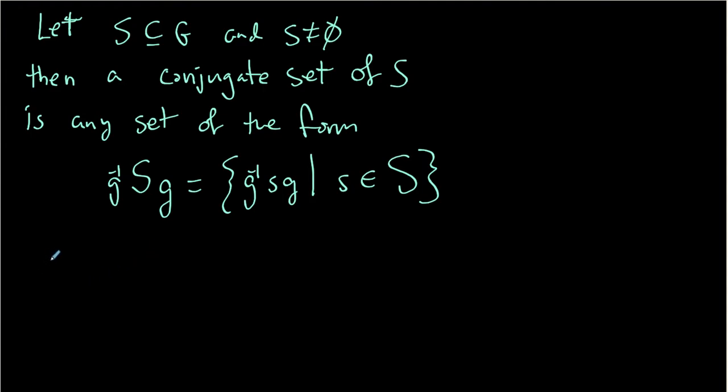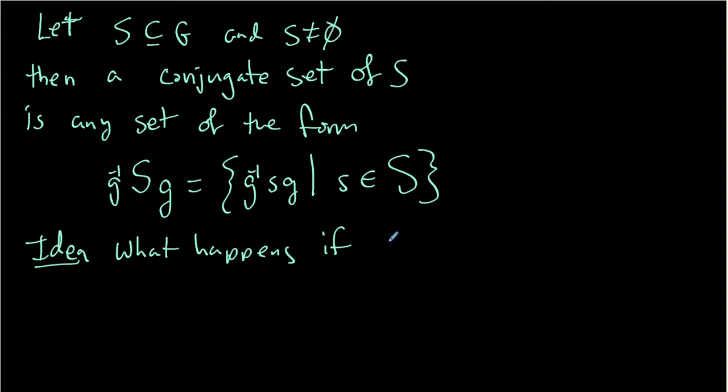But it does turn out that we have one really important idea. Before we go into that, the question I want to look at is: what happens if my subset is a subgroup?